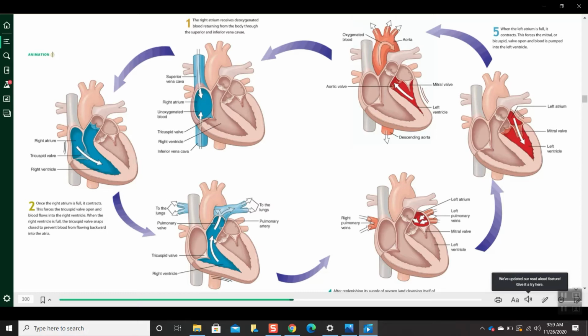From the right ventricle, it goes to the lungs through the pulmonary valve. From the lungs, it goes to the left atrium. From the left atrium, it goes to the left ventricle through the mitral or bicuspid valve. From the left ventricle, it goes to the aorta and out to the body through the aortic valve.